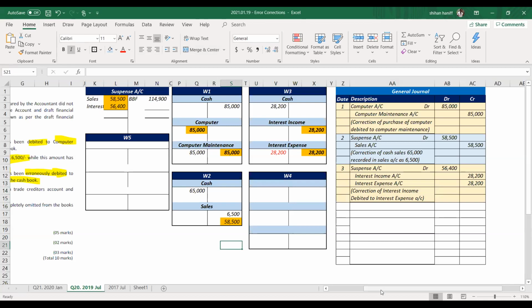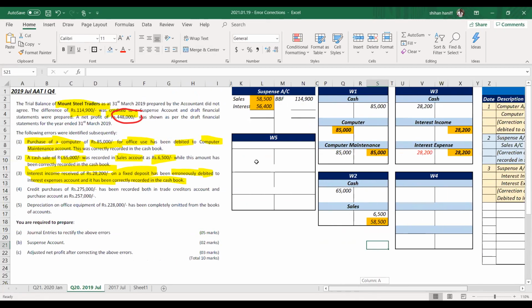Then the fourth working. It's very important to do the working, so you won't make any mistake. But always try to do the working and get the correct answer. Right, so shall we do the fourth one?